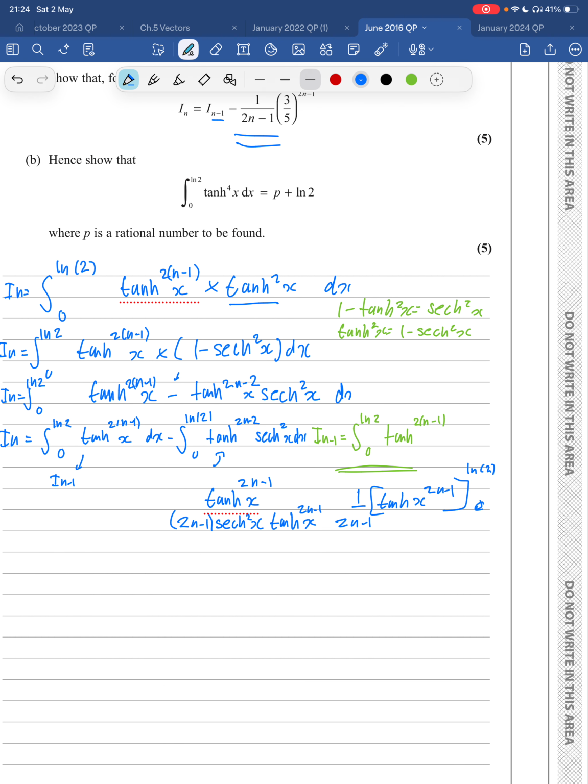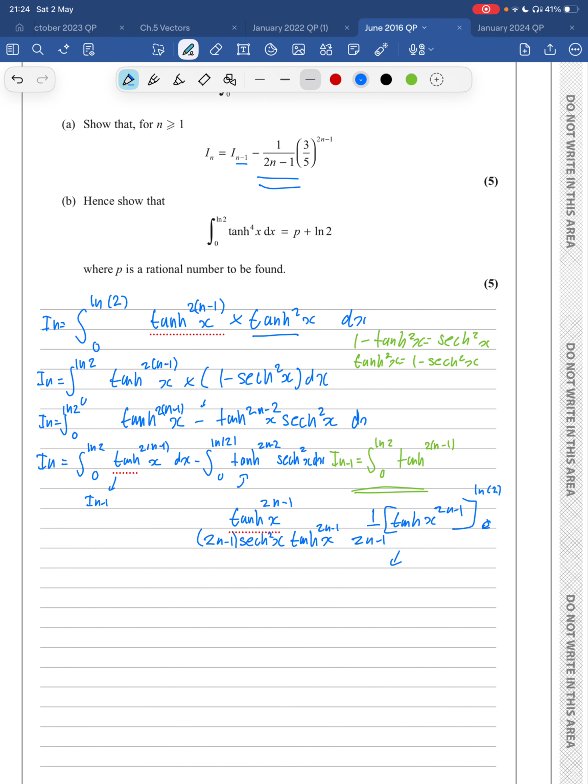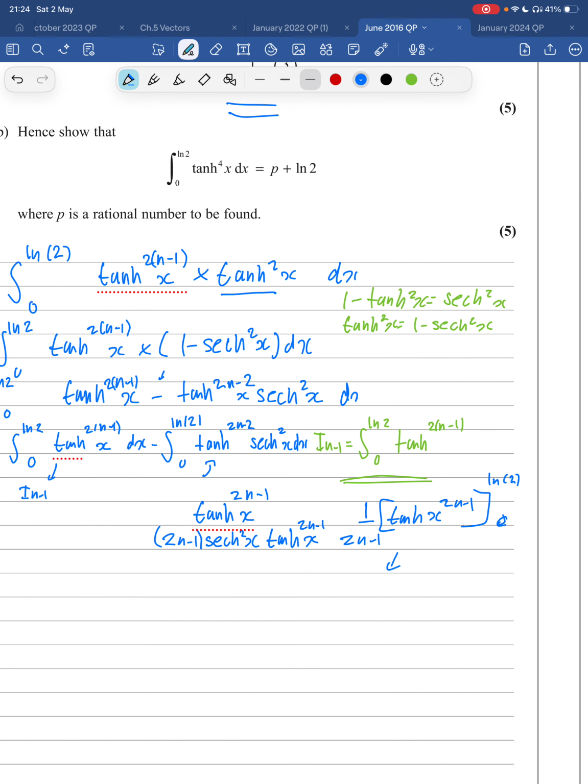Okay, so we can put these limits in now. Sorry, I'm making it a bit messy. How do we do these limits? Well, we can see that the 2n minus 1 is out, so we can just focus on the tanh. And for that, we have our trusted calculator. If you want to access hyperbolics, I don't know if anyone ever knows about this, you press options, go to hyperbolic functions, and for tanh, you press 3.